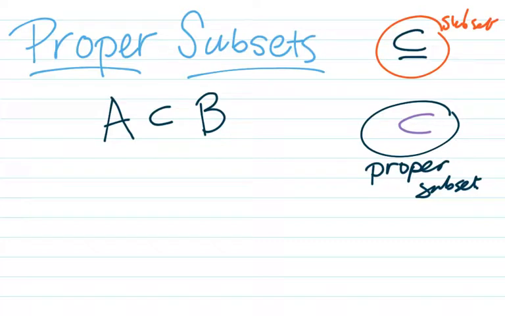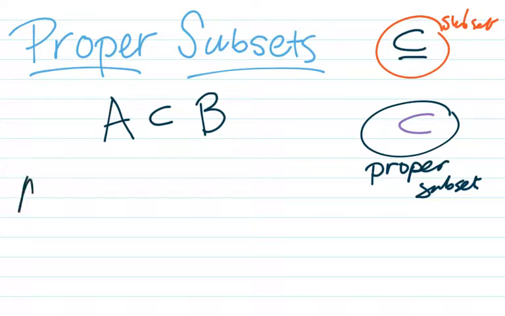A set is a proper subset if all the elements in the first set are in the second set and the sets are not equal. So for example, if all the elements of A are in B, but they are not equal, meaning they do not have the same elements exactly, then it is a proper subset.